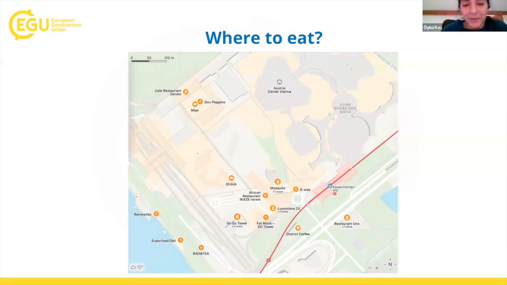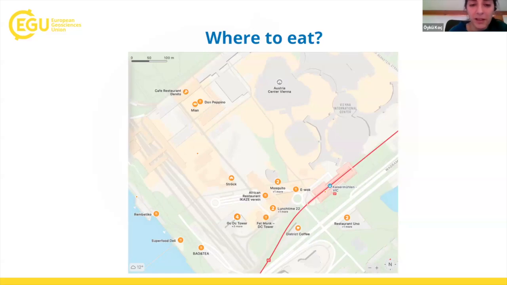In the conference center, we have some food options, but it is not that much, so it is very much limited. That's why you should definitely check out the available options in the surrounding area.